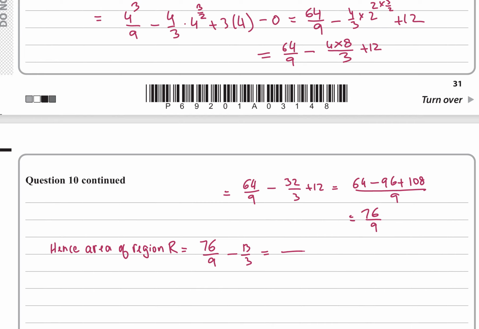And that is equal to 76 minus 13 times 3, which is 39, over 9. And that is equal to 37 over 9. And that is the answer.